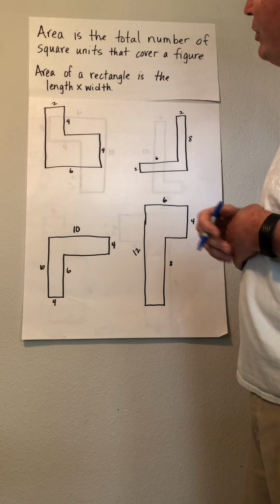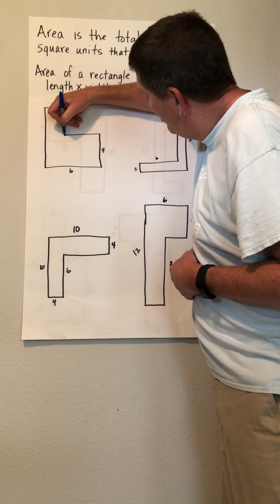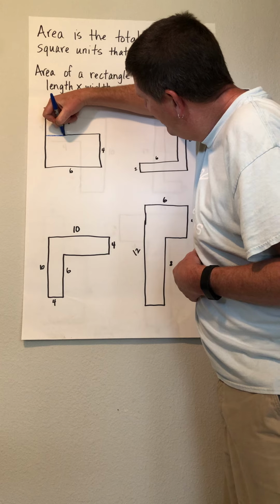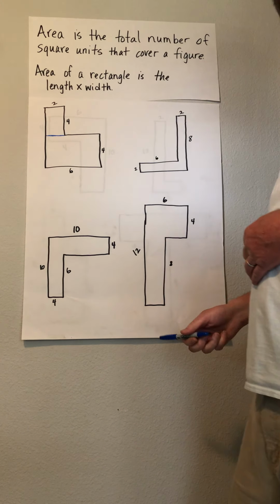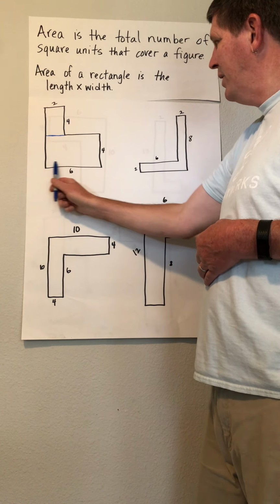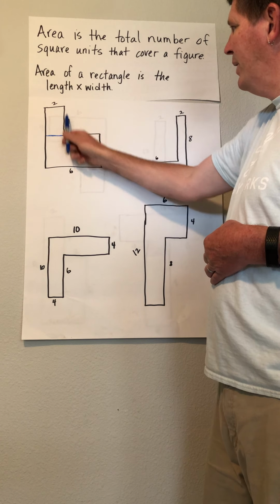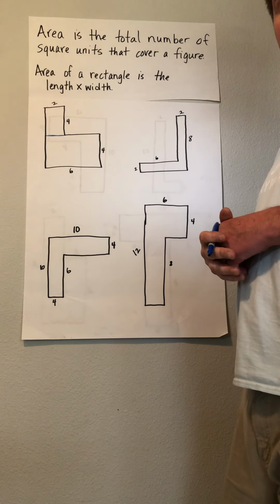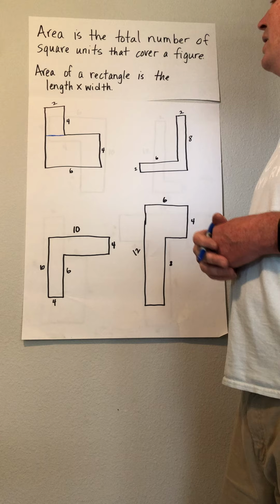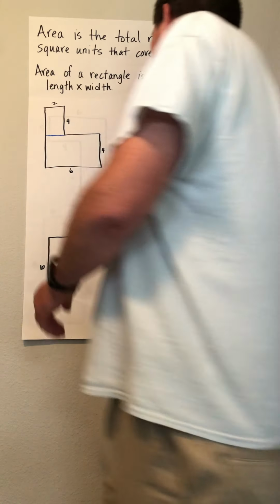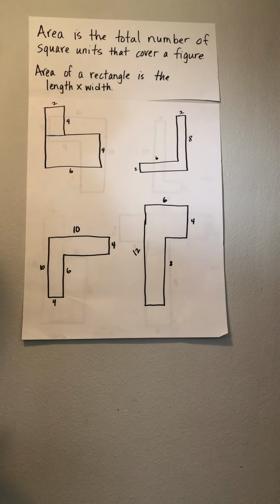So what I'm going to do here is put a line right there. Now I have two rectangles, this rectangle here and this rectangle here. I'm going to figure out the area of those two rectangles and put it together, like we did when we were learning multiplication using parentheses.